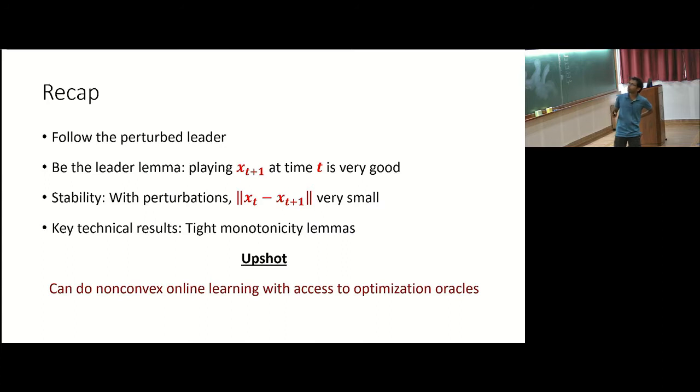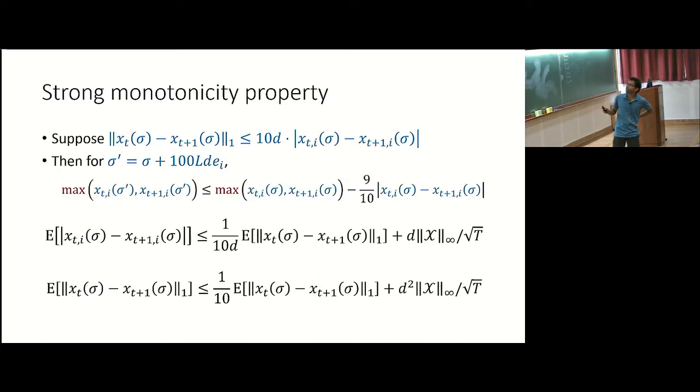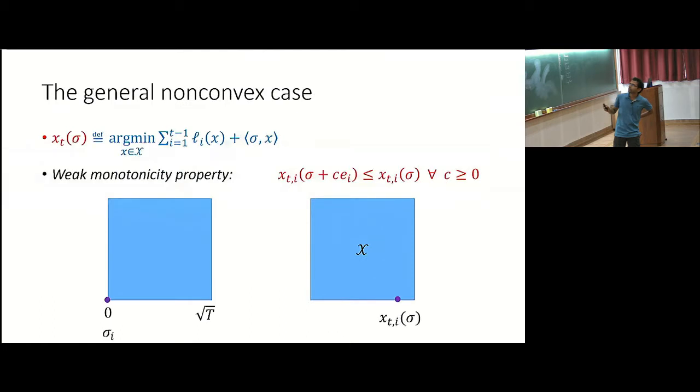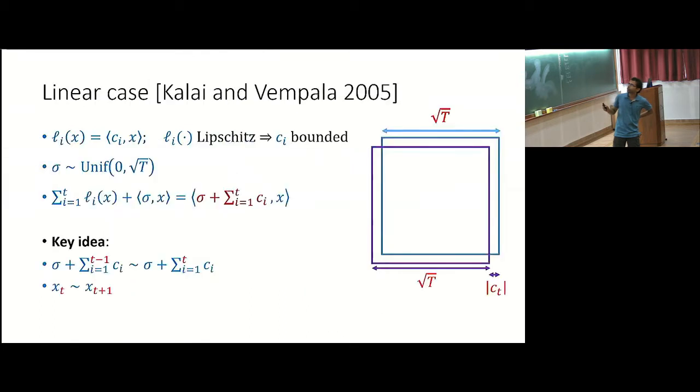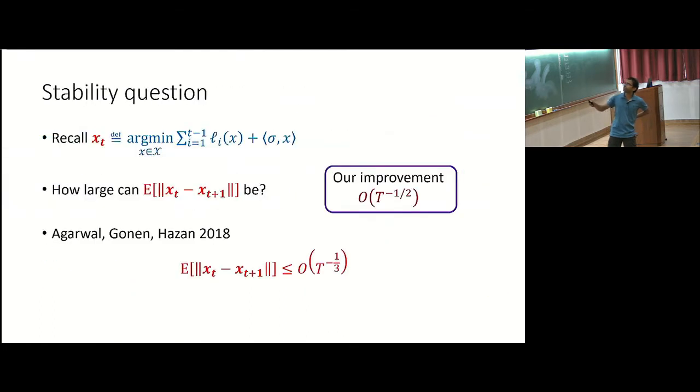So one thing I had to mention, which I haven't fully mentioned, is how am I able to overcome the non-convex part? So the reason is that I'm assuming that I'm able to implement this algorithm, right? Follow the perturbed leader requires me to solve this minimization problem. And here, because Li is non-convex, I don't always have a polynomial time algorithm to solve these kinds of problems. But I'm assuming access to those oracles.